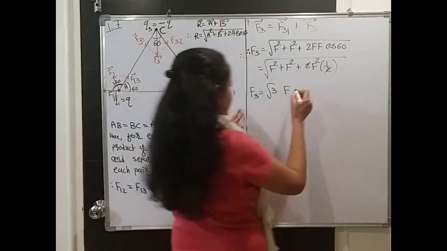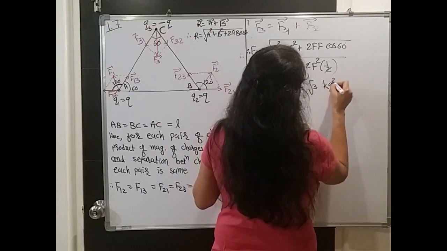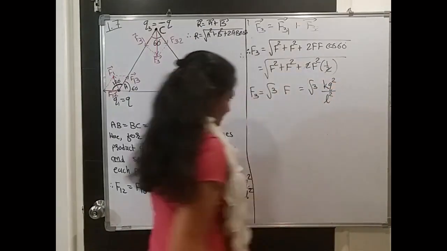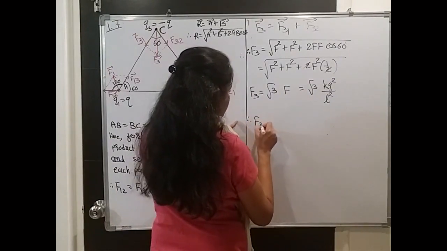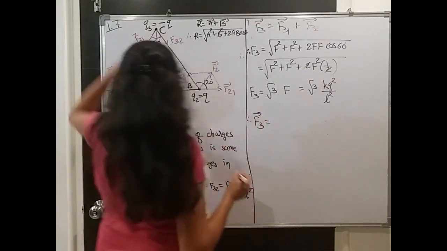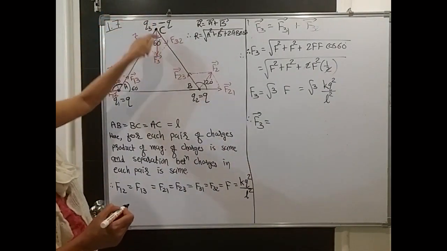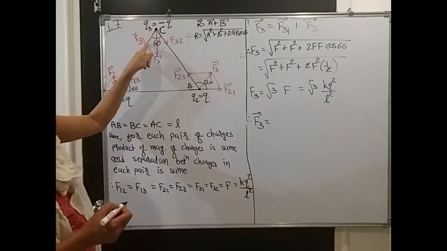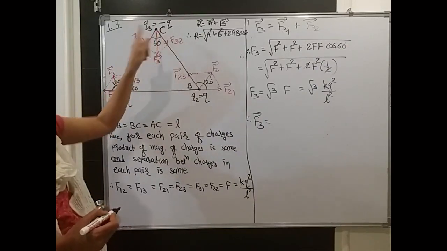Okay, what is F? KQ square upon L square. Now, I have to mention the direction also. So I can say that vector F3. What is the direction? See, this is the bisector. As the magnitudes of these two forces are equal, this F3 is on the bisector.